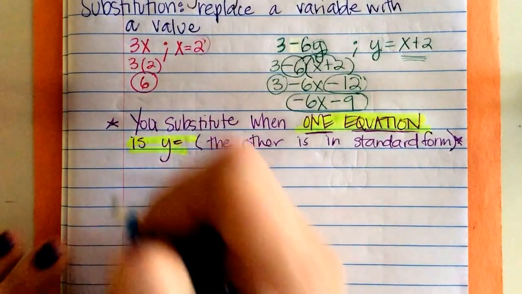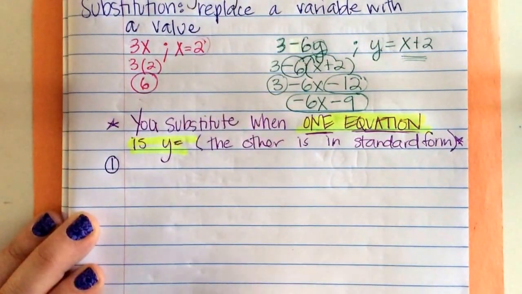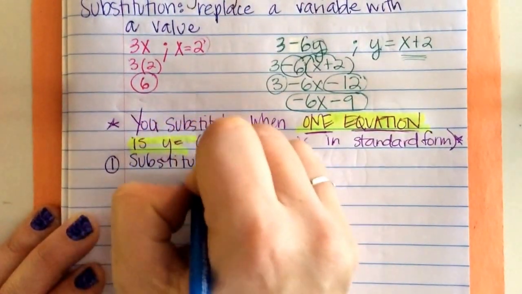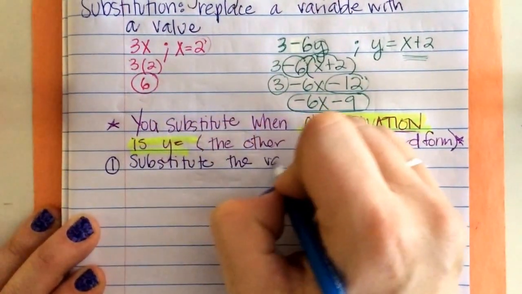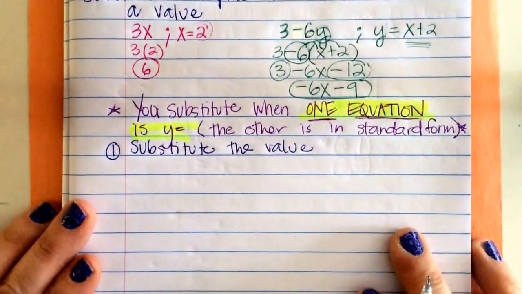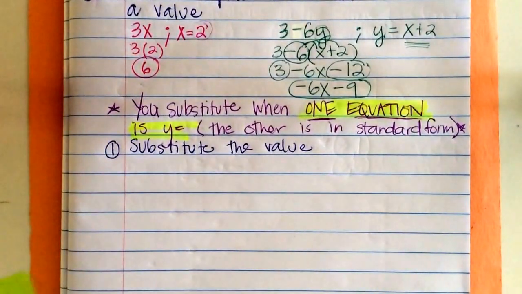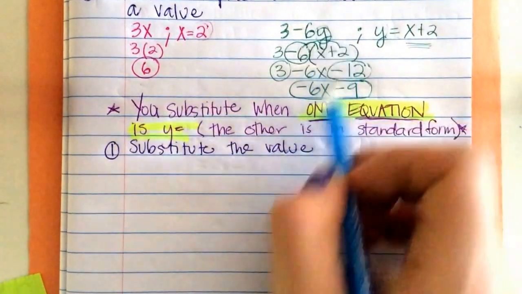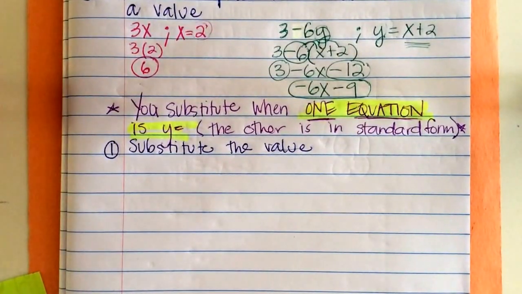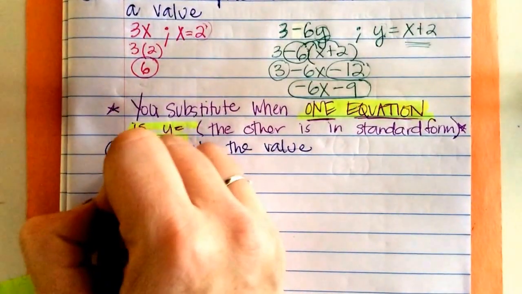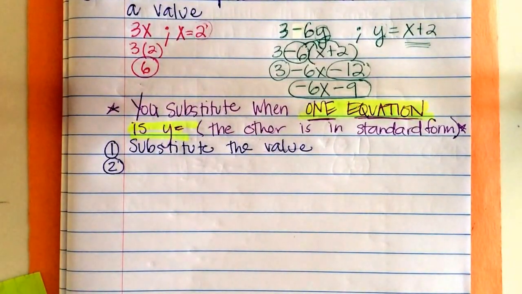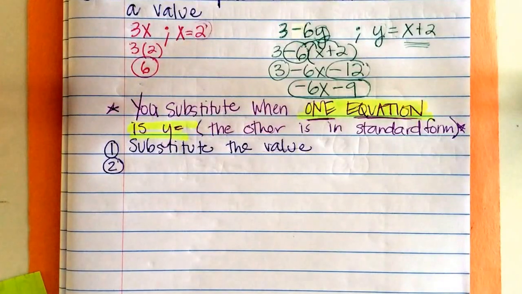And there are 4 easy steps that we follow. 1. Substitute the value. And remember, value is most likely a whole math problem. 2.